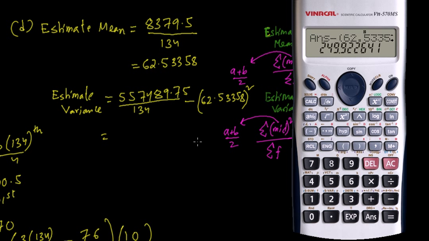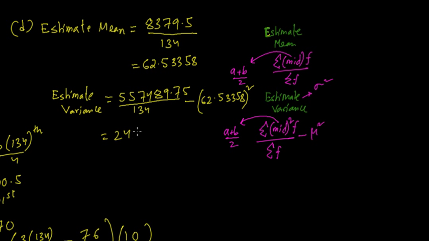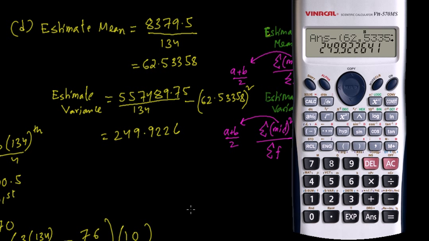So the variance is going to be 249.9226. Let me check again. 249.9226. That's all right. Now the square root of this is going to be the standard deviation.